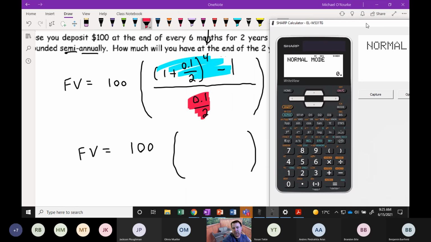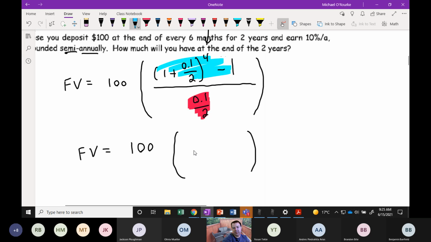So first thing I do is 0.1 divided by 2 equals plus 1 equals the power 4 equals minus 1 equals 0.216.